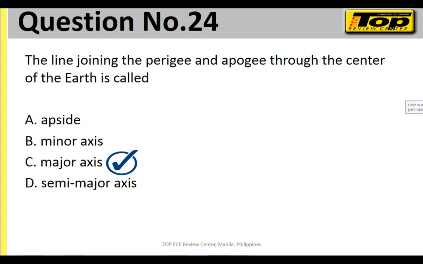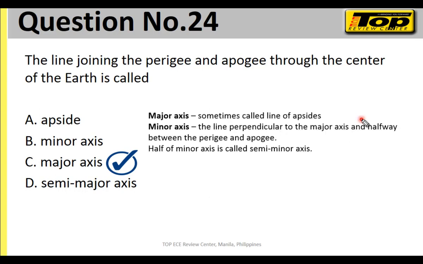Ito yung iba pang tawag sa kanya. The minor axis is the line perpendicular to the major axis and halfway between the perigee and the apogee. And sometimes it's called semi-minor axis. Yung semi-minor axis is half of the minor axis. Okay, for number 24, letter C is the correct answer, major axis.